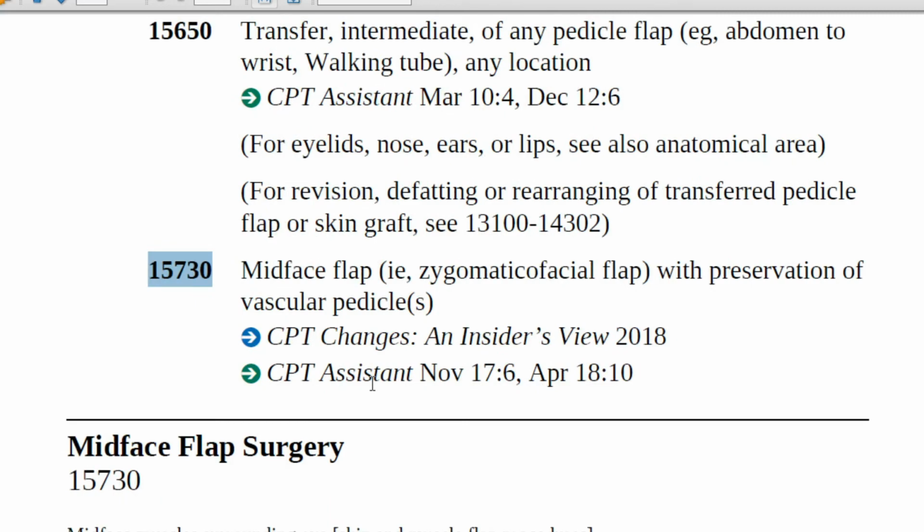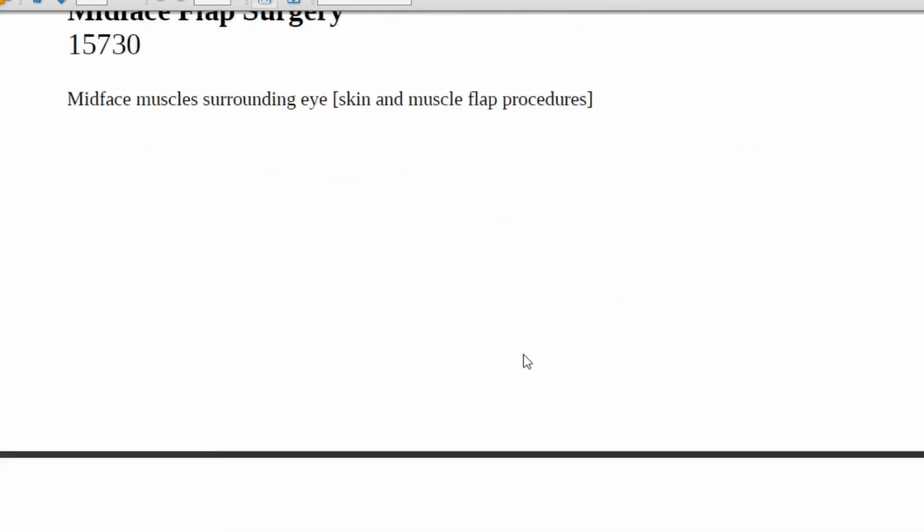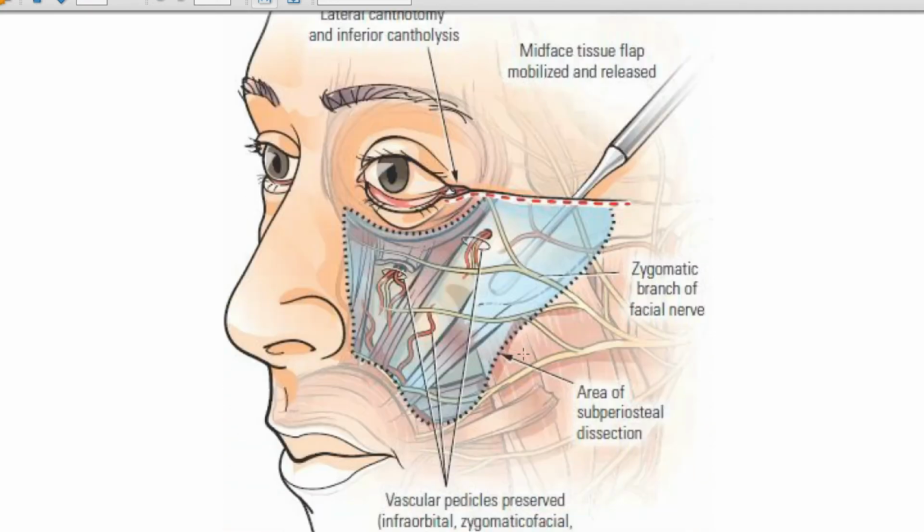For example, if the patient came with an injury or open wound on any area of the face or scalp, then the physician will prep, drape and anesthetize the patient where the wound is. He will clean the wound with antiseptic.